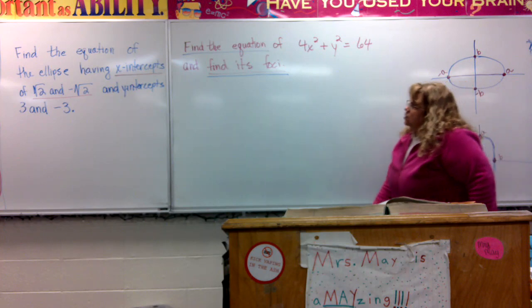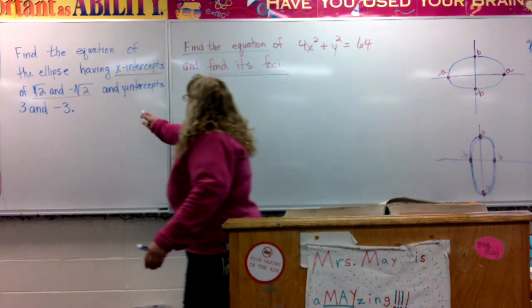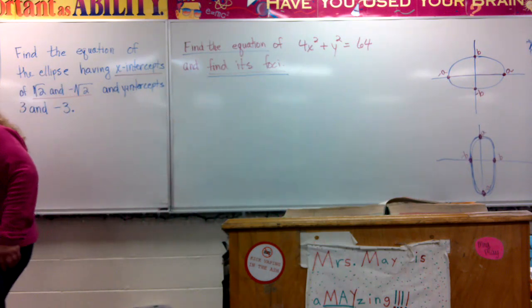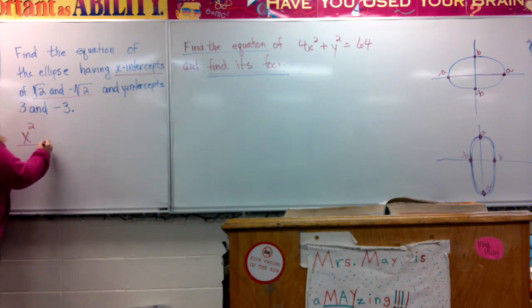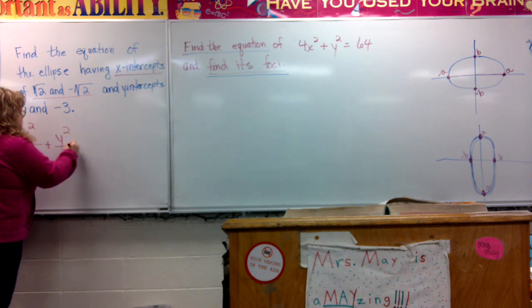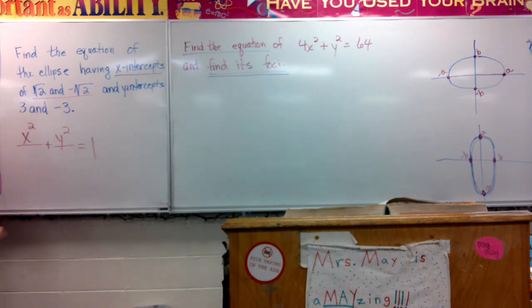So over here, when it says write the equation of the ellipse and it gives you the x and y intercepts, well, the basic equation is going to be this: x squared over something plus y squared over something equals 1. It's going to be a lot easier than all that parabola jazz, right? What goes underneath here?